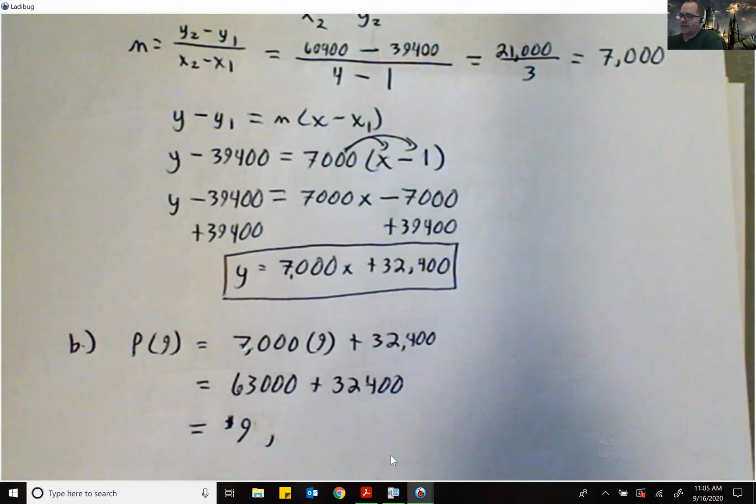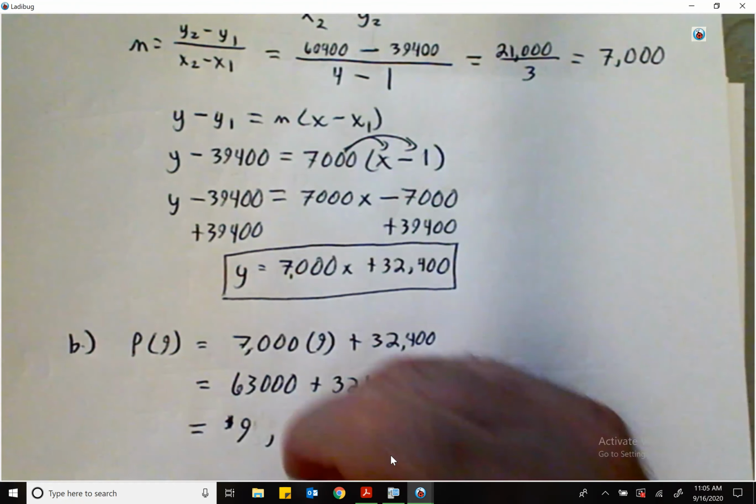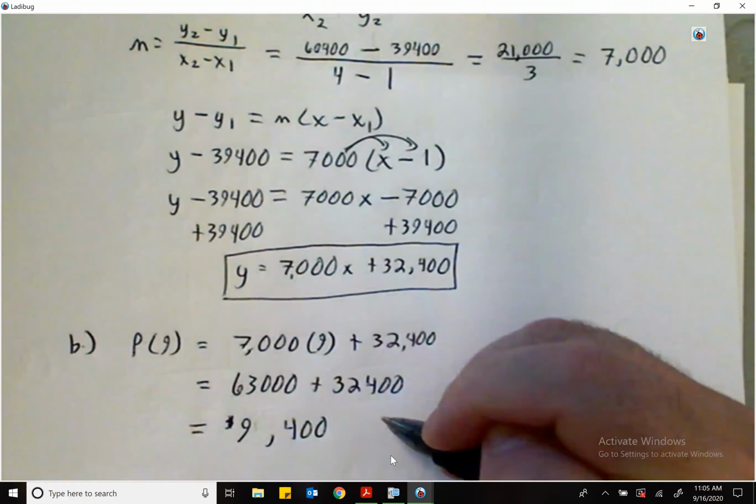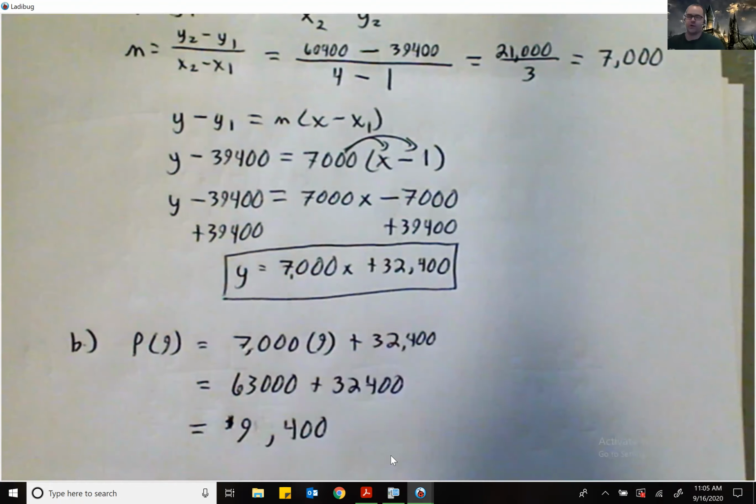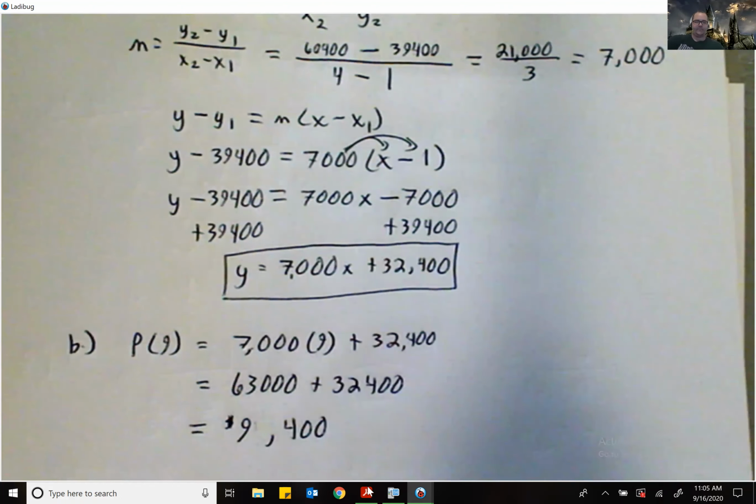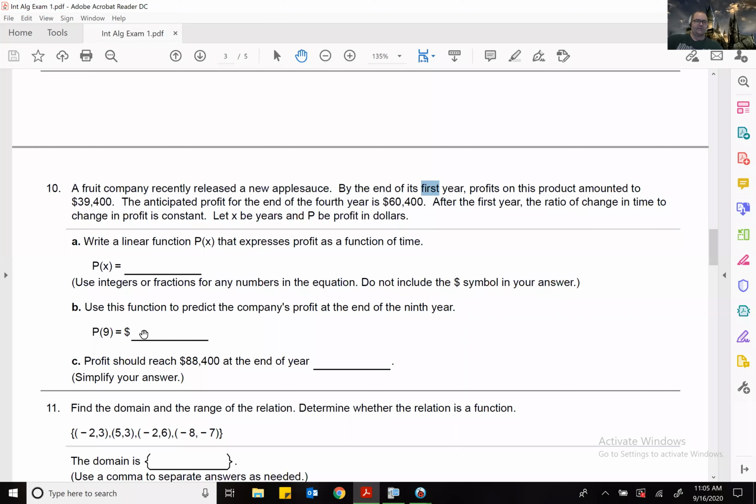So 95,400. Give that a moment to dry. So there's part B. So all you're going to do is come up here, and in here you're going to put 95,400. Okay? Part C says profits should reach 88,400 at the end of what year?